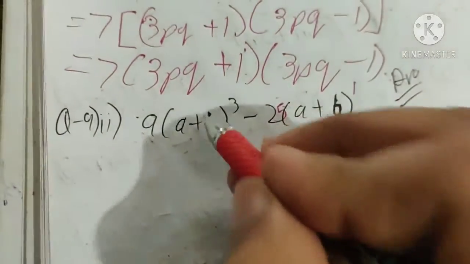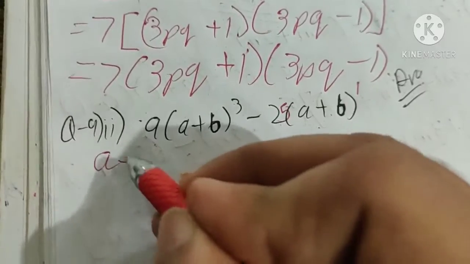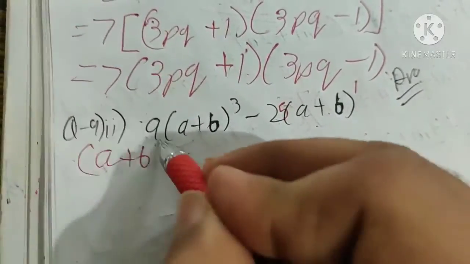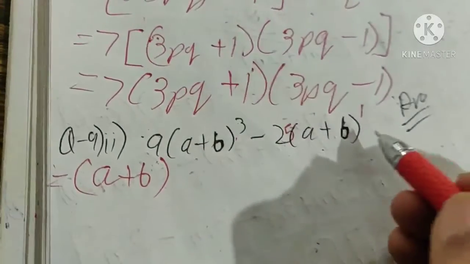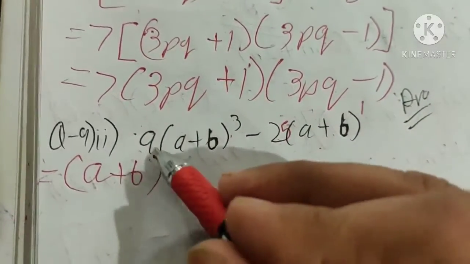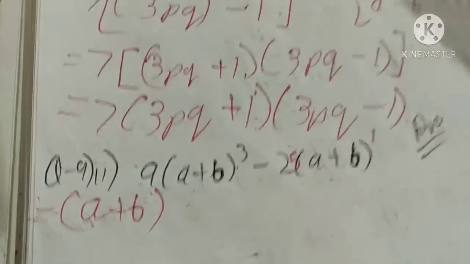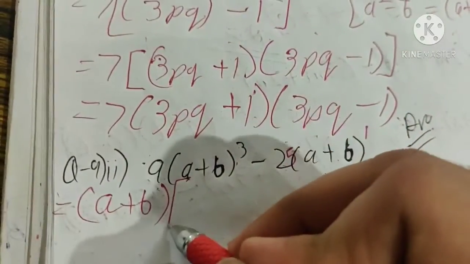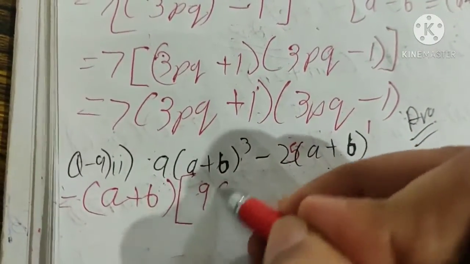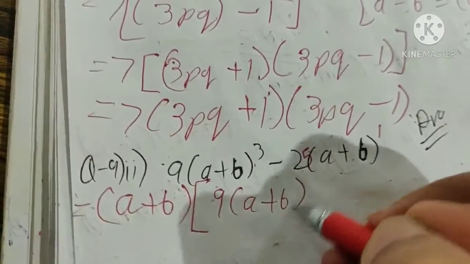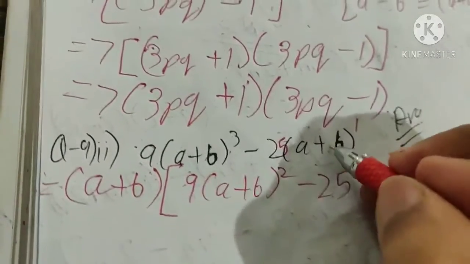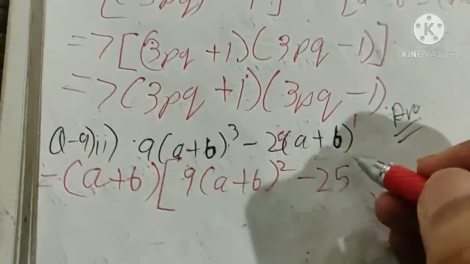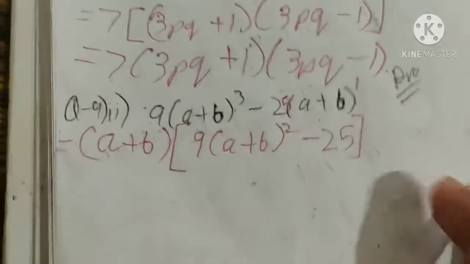So (a+b) can be taken out as common. Taking 1 time (a+b) out, we are left with 9(a+b) 2 times, minus 25, and nothing is left from the second term.